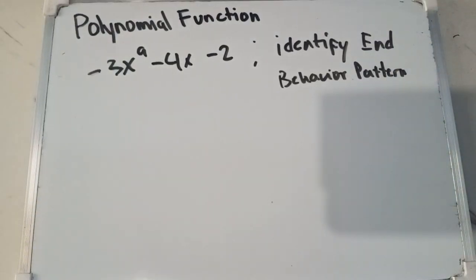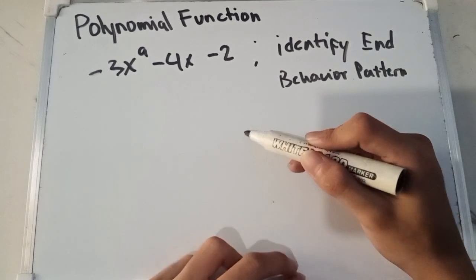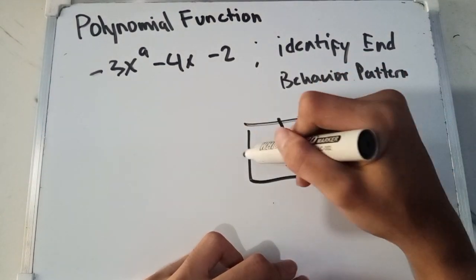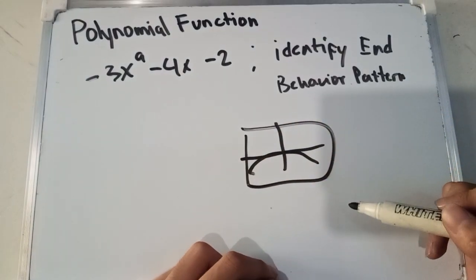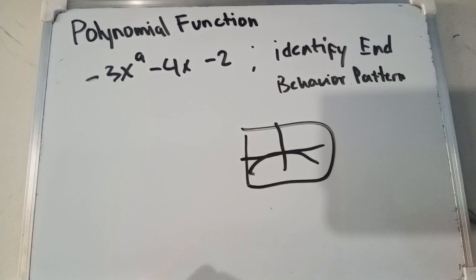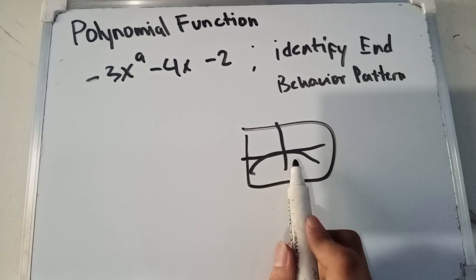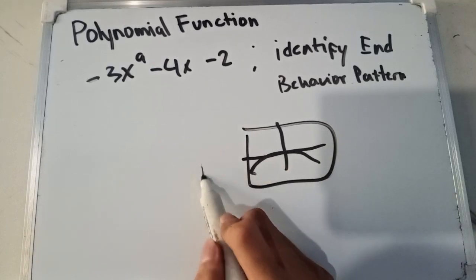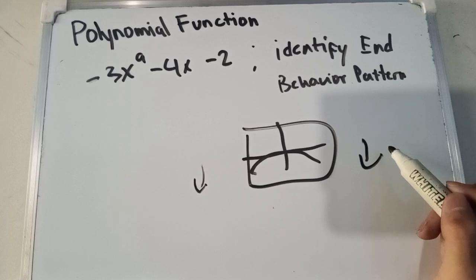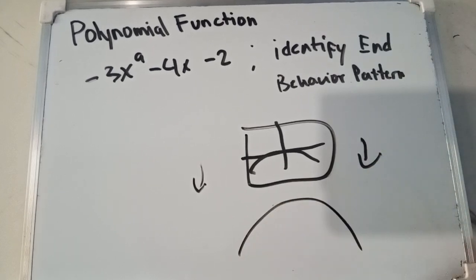So the end behavior pattern is the pattern of the graph. If you have a graph that looks like this, then the end behavior of this graph is going down to left and going down to right, or it goes downward.